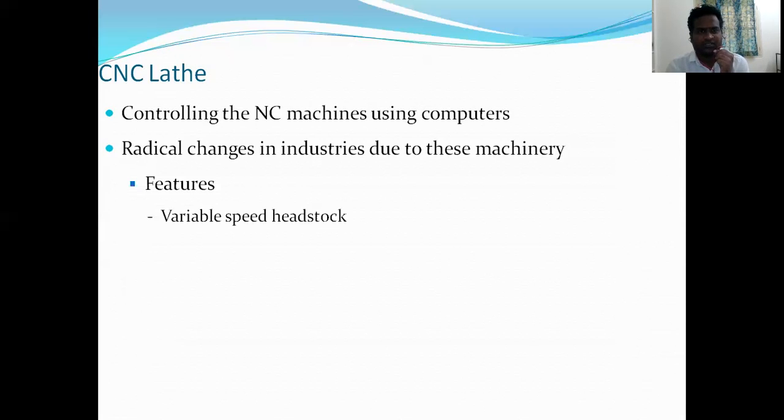Features of the CNC lathe: it has a variable speed headstock. The headstock may be rotated at variable speeds by gear mechanisms and pulley mechanisms. It also has automatic tool changers, ATC. A number of tools are changed automatically, and to do this we need a tool magazine.